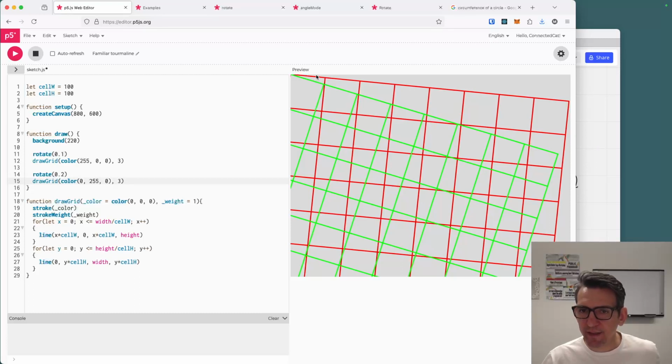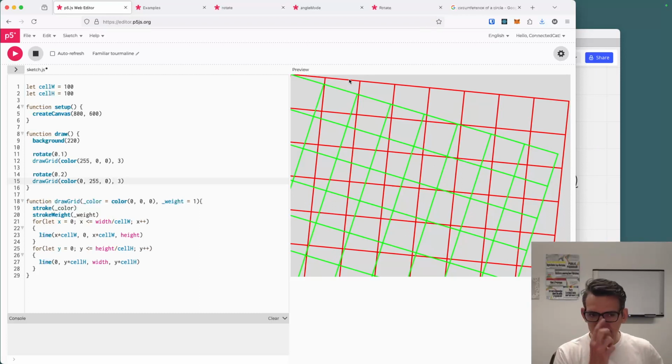So this is not the same amount. The 0.2 is larger by 0.1 radian. You can see that this is 0.1 radian over here, and then between the red and the green is 0.2. So the 0.2 started calculating from the position of the red grid, right?